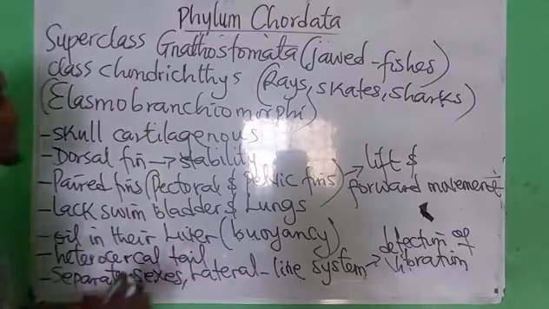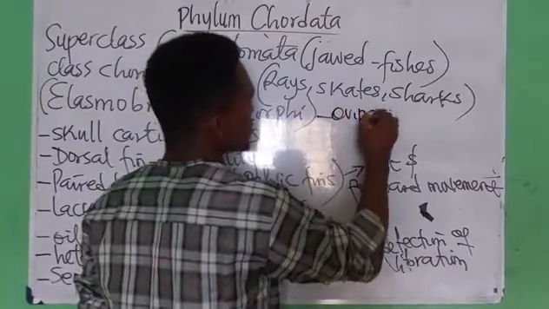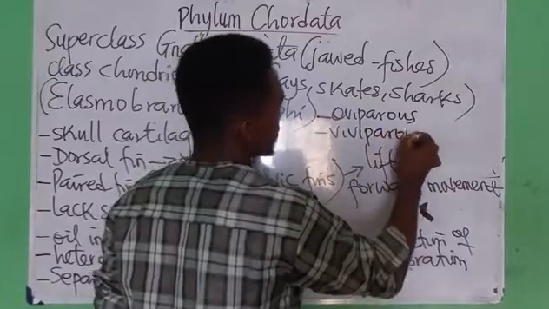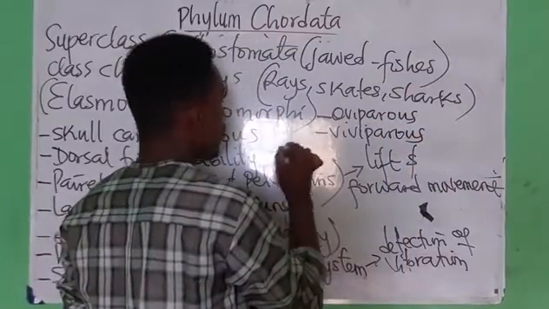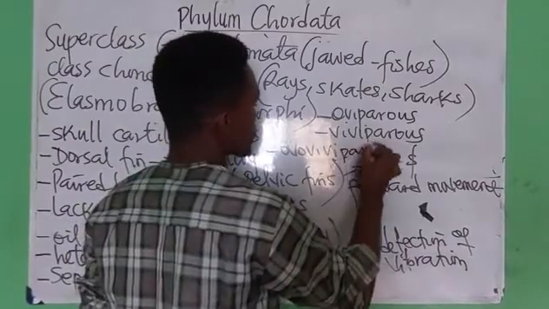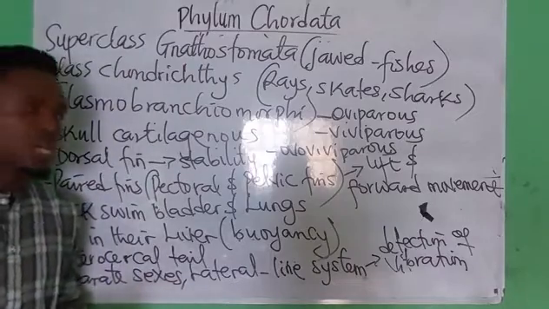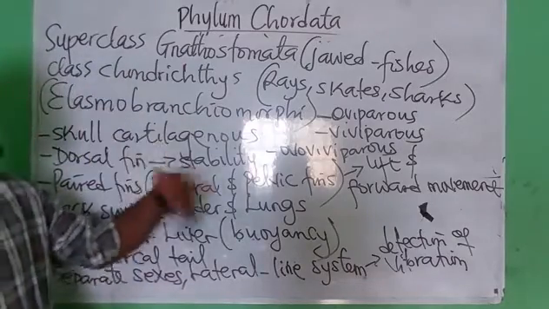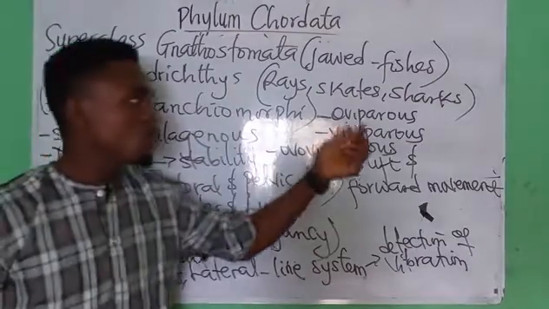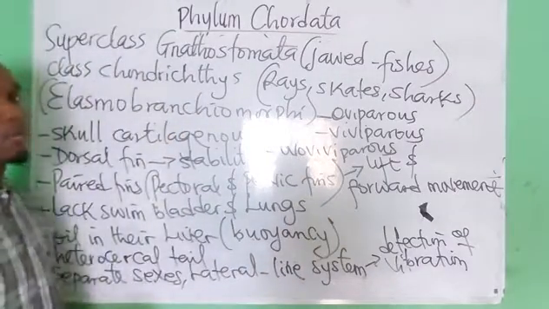Now these guys, they may be oviparous, viviparous, or ovoviviparous, which is to say that they have numerous reproductive modes. It depends on the species of these guys, you understand? So they are oviparous, viviparous, or ovoviviparous.